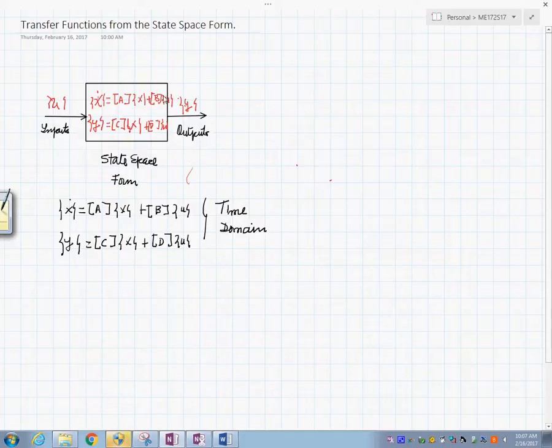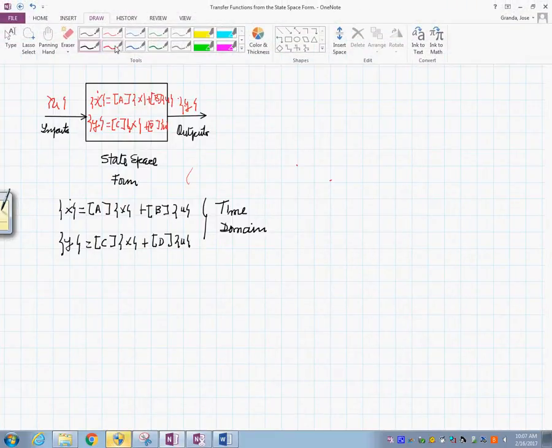Our title of our explanation today says transfer functions from the state space form. So that's our objective. Our objective is to obtain the transfer function.